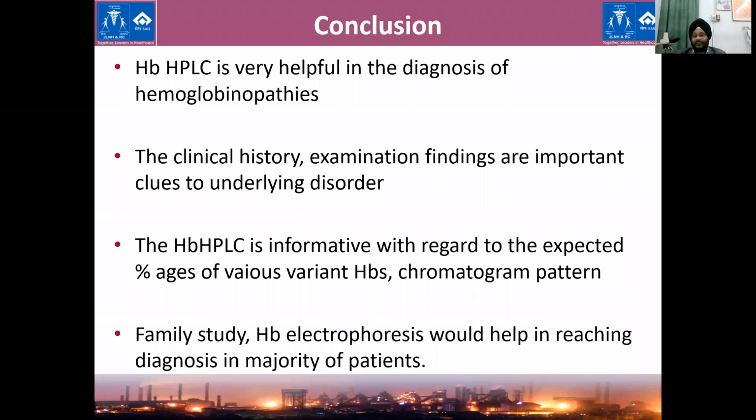And if it comes in a fresh sample, then we should think of the J variant and the group. But HbA1c is seen in the P2 peak, and we should keep an eye open for it. That can help us in some cases of detecting high HbA1c and looking for insulin dependent diabetes.